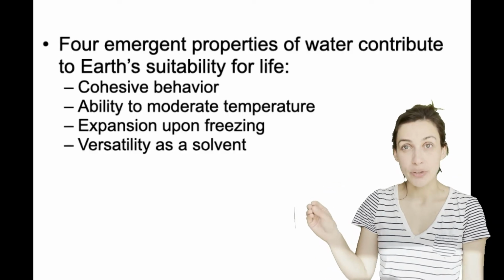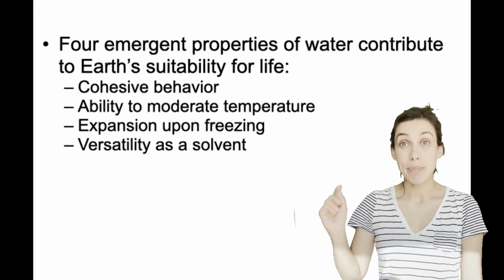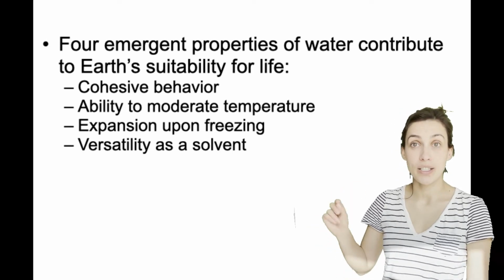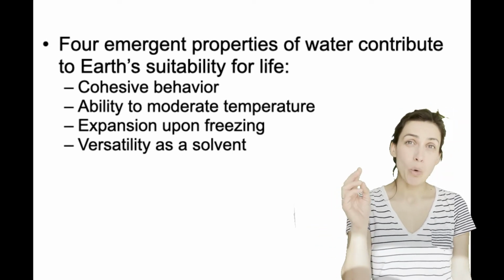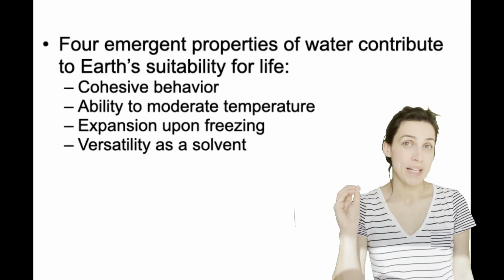There are 4 important properties of water that we will discuss in several different bullet points. They are: cohesive behavior, ability to moderate temperature, expansion upon freezing, and versatility as a solvent. So let's take them one by one because each has subtopics.